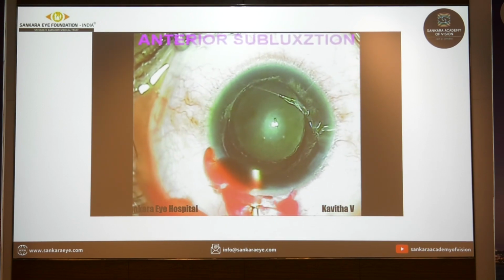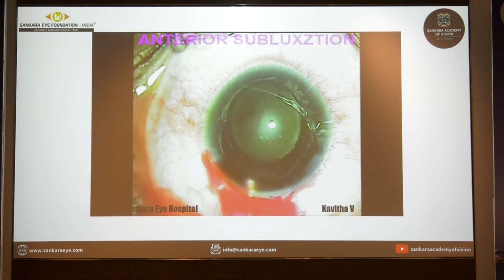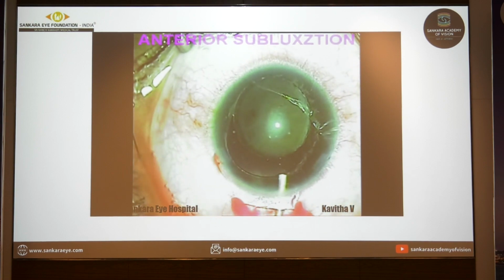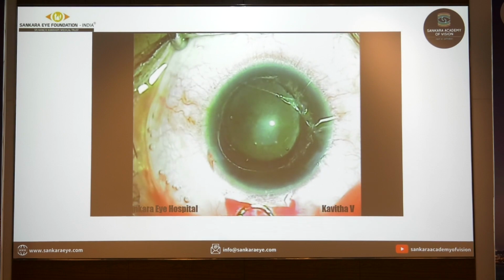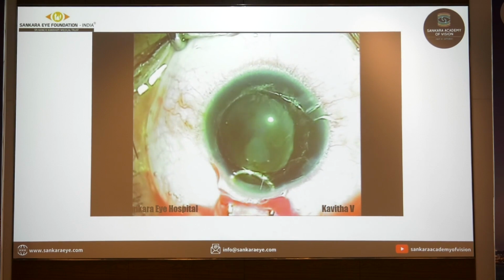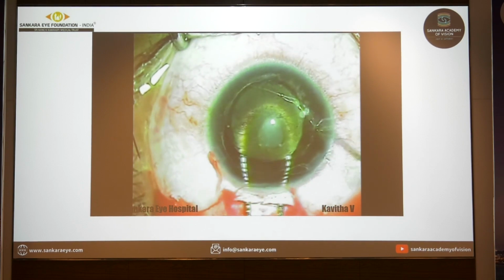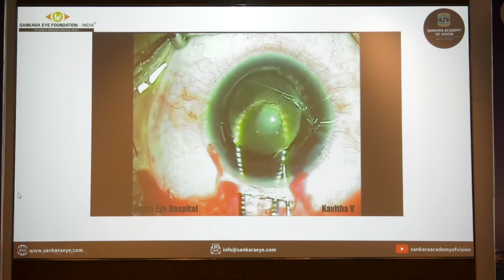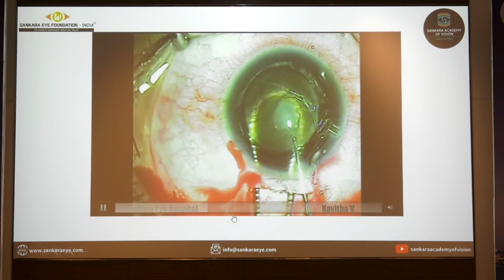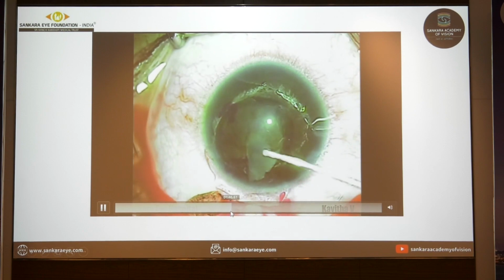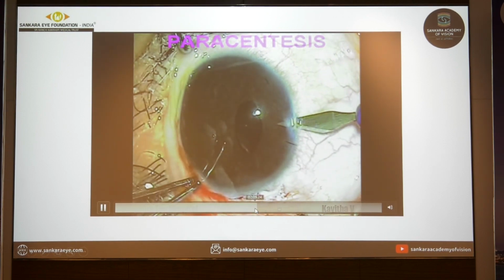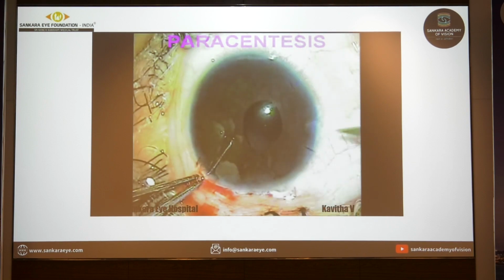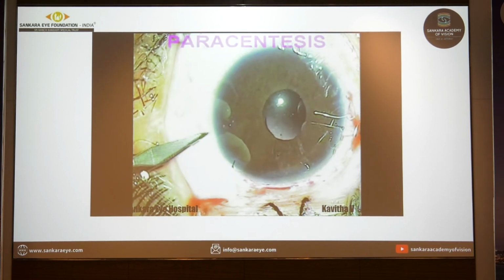This is another situation where the lens is totally in the anterior chamber. I did SICS. I'm just removing that.